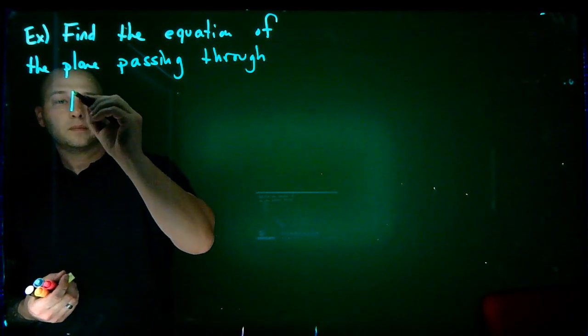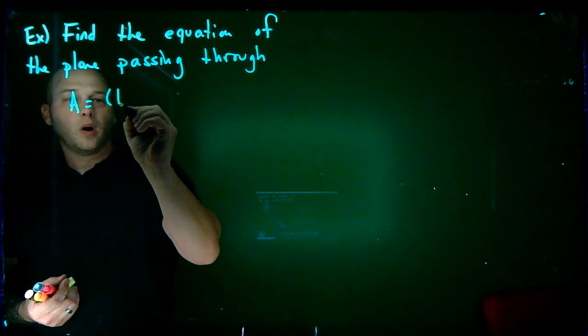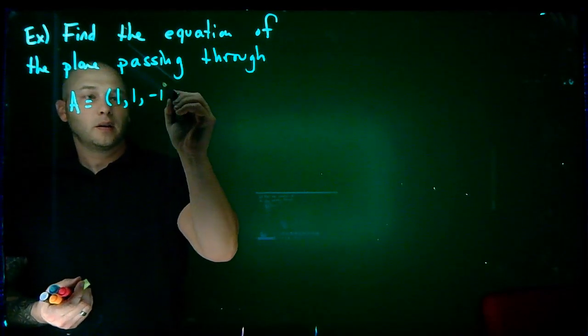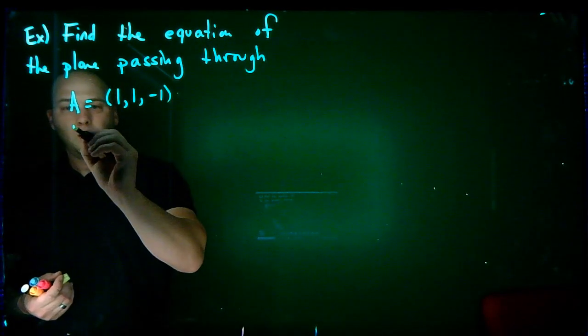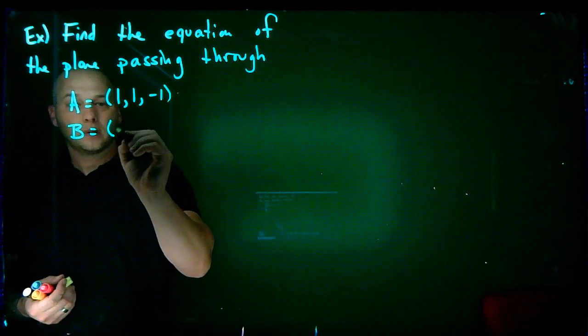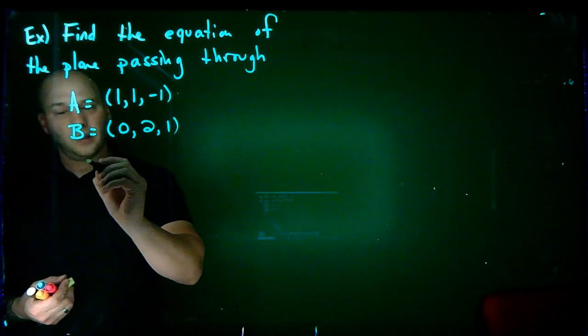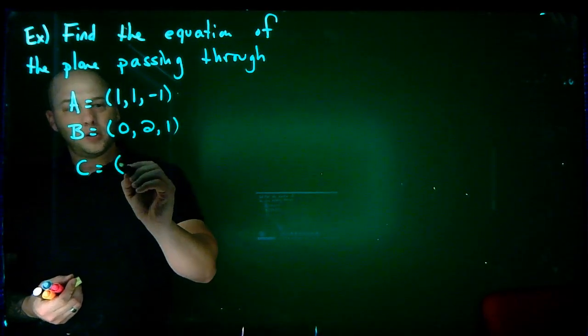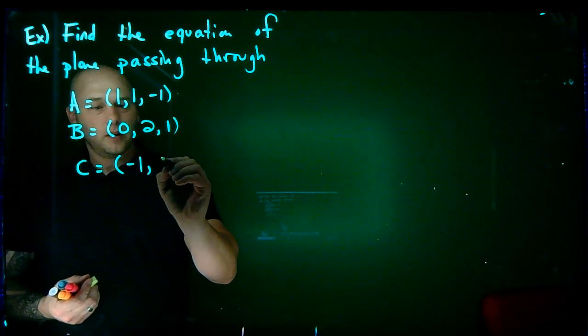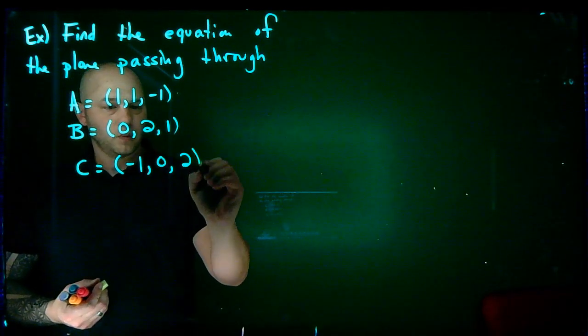A, which is 1, 1, -1. B, 0, 2, 1. And C, which is -1, 0, 2.